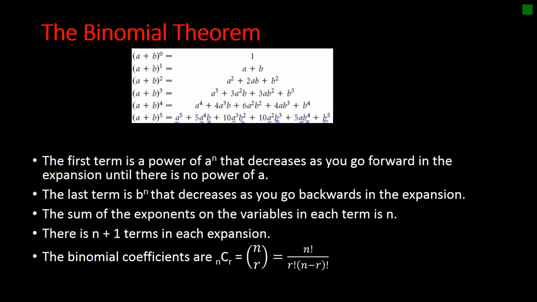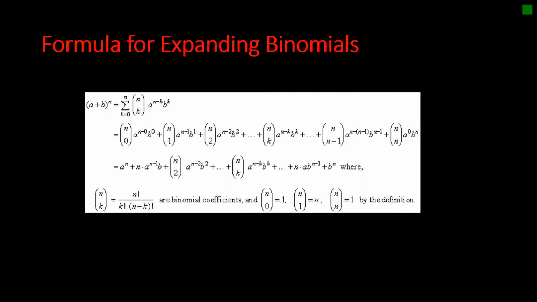And in the last lecture on binomial coefficients, we showed how to get these coefficients, n combining r or n above r. So the formula for expanding binomials, if you have a plus b to the nth power, these binomial coefficients are n above 0, n above 1, n above 2, and all the way to n above n.